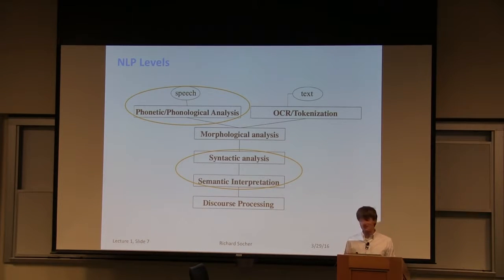We may skip some of these levels that have been traditionally thought to be required for understanding language and go directly to semantic interpretation, because that's really where the meaning is, and in the end, when we communicate, it's all about the meaning. It's less about the structure that we use.